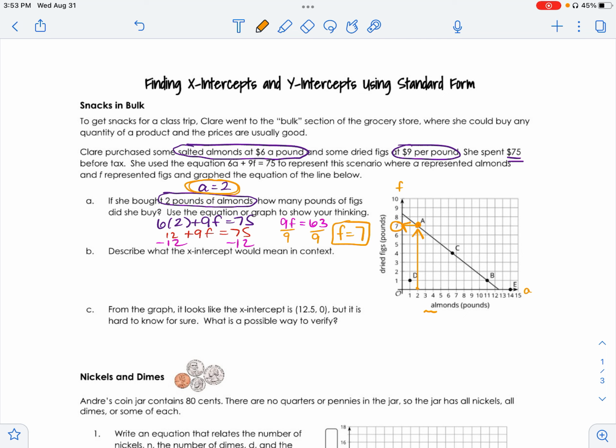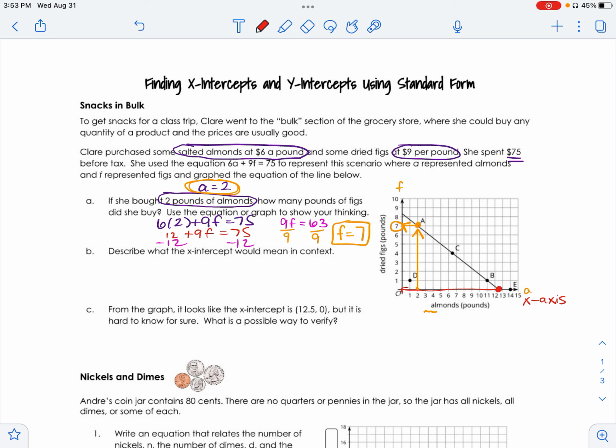All right, part B says, describe what the x-intercept would mean in context. Well, the x-intercept, remember, is where we cross the x-axis, which here we're calling the a-axis, just because those are the almonds. But that x-intercept would be about right here, and that would give me some value for a, but notice that f would be 0.